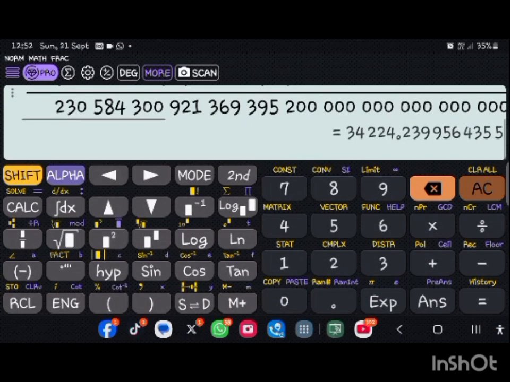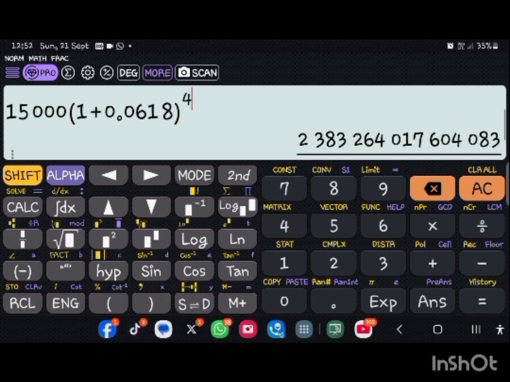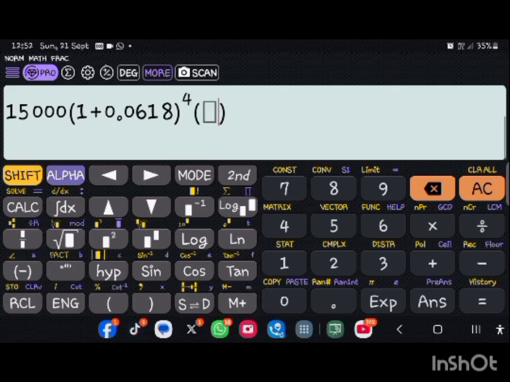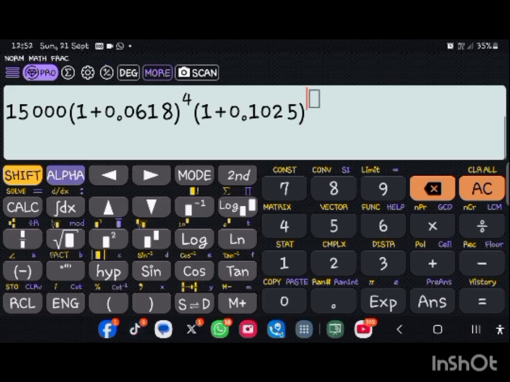So that will be 15,000, open bracket, 1 plus 0.0618, that will be the first one, and raised to the power of 4. Right arrow, open bracket, next one will be 1 plus 0.1025, and that should be raised to the power of 6.